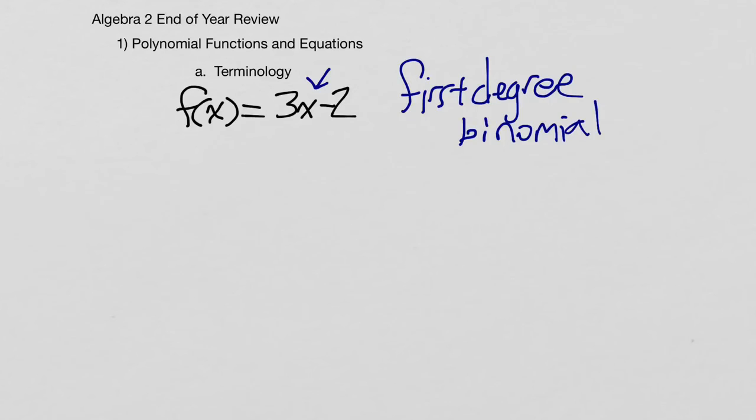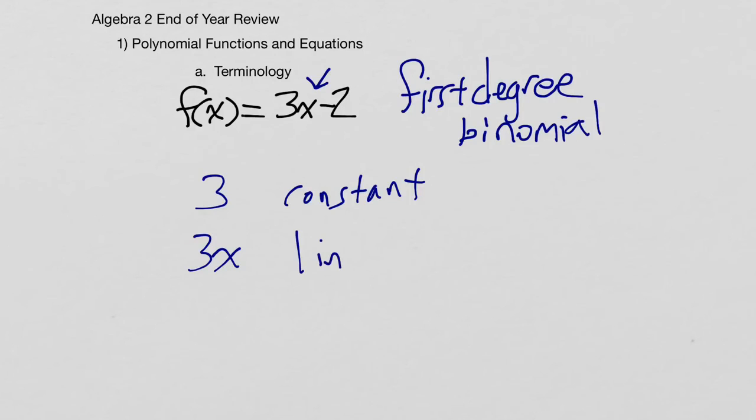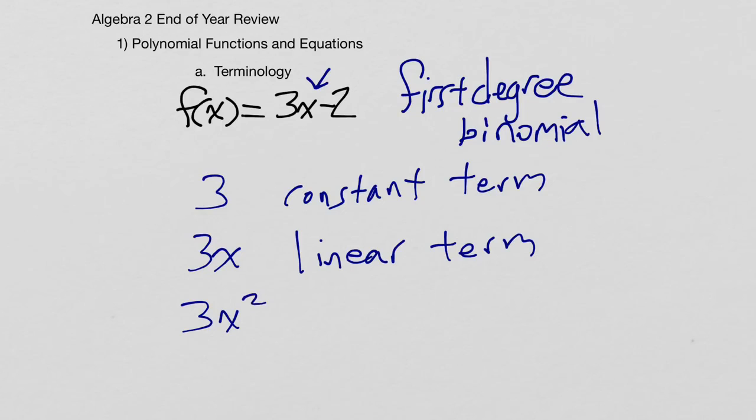So remember, when something was just the number, we call that a constant. If it says 3x with no exponent, we're going to call that a linear term. So that's a constant term, this is a linear term, and finally, if you had something like 3x squared, we call that a quadratic term.